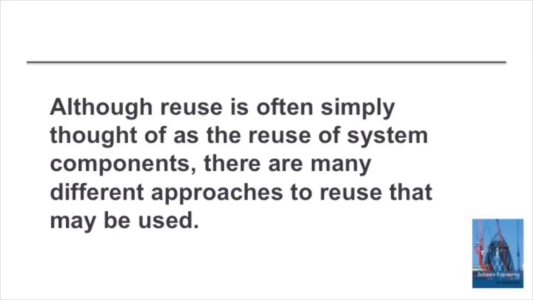Reuse is often thought of as a component-based notion, where we have components and we reuse these components in different systems. We assemble them in different ways. But in fact, there are many different ways in which we can reuse software, and I call this the reuse landscape.